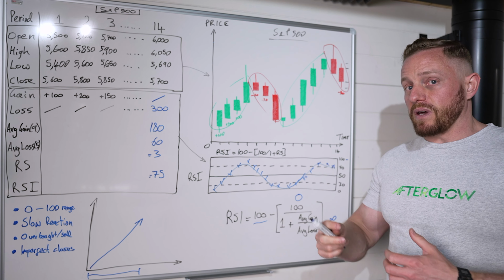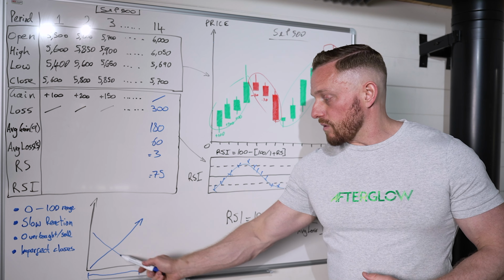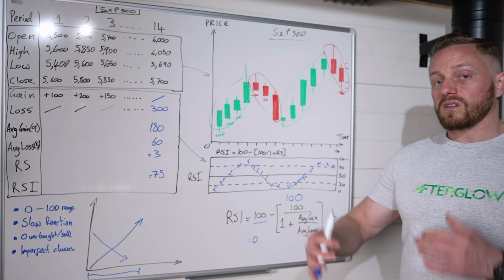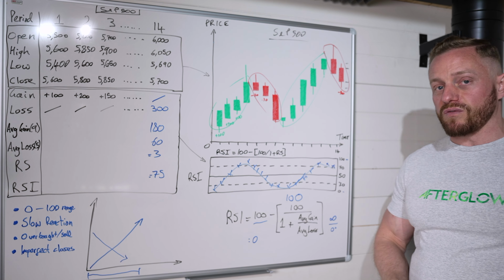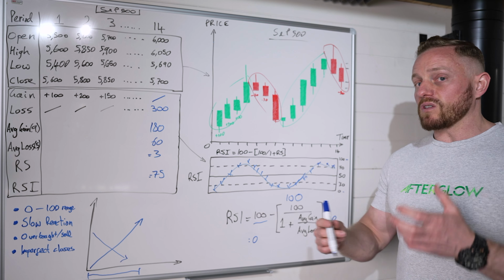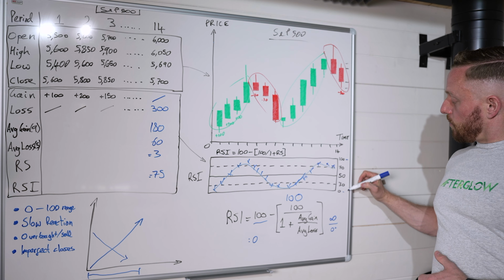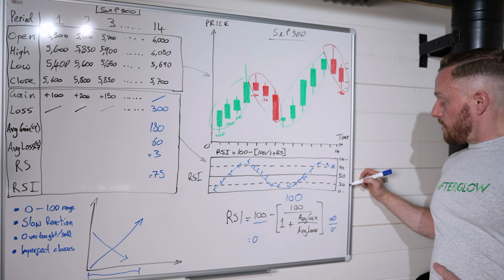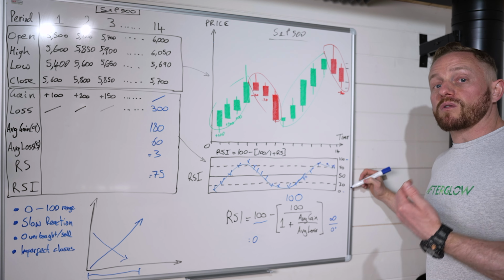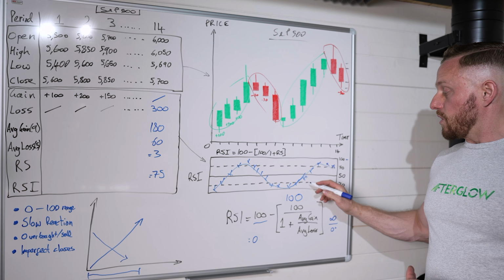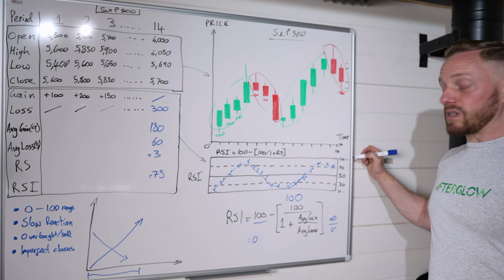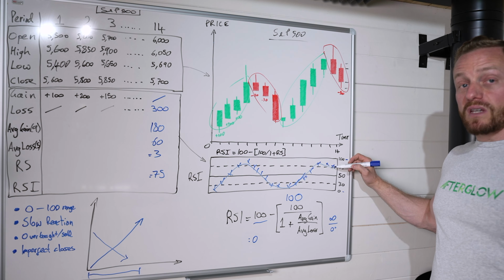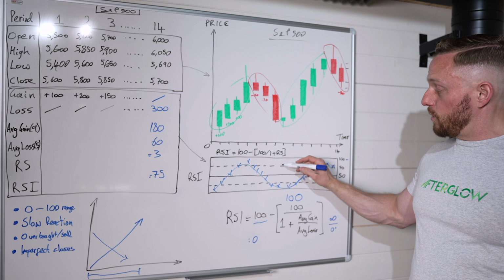And then you just flip that around for when there are lots of losses, the RSI number tends to be down towards the 0 value. And this is why for any value between 0 and 30, we refer as RSI being oversold down here. And for any value between 70 and 100, we refer to it as being in the overbought zone at the top here.